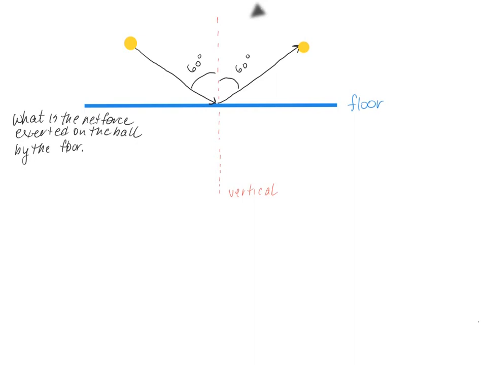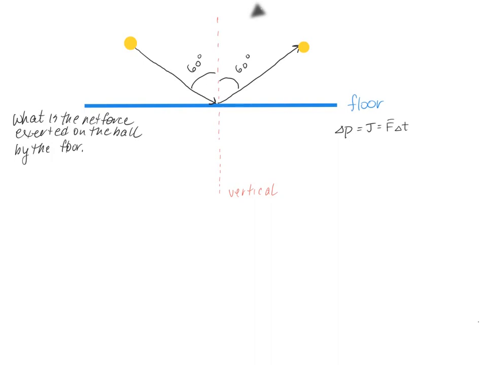Okay, so we're going to have to do something with conservation of momentum, and we're going to have to use the fact that the impulse is equal to the change in momentum, and the impulse is the average force times the time. So we need to put some numbers in here.